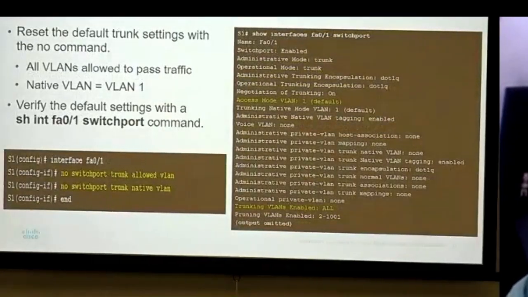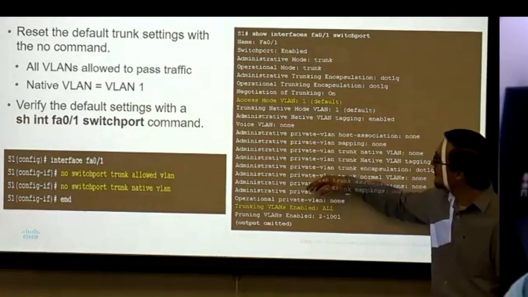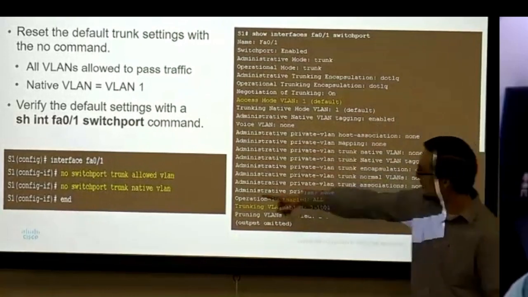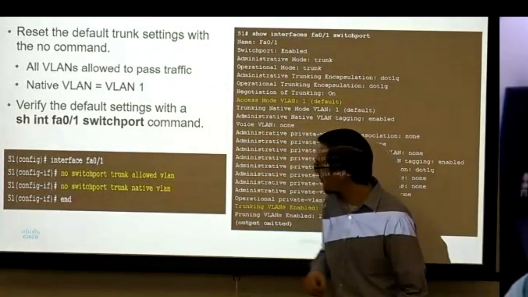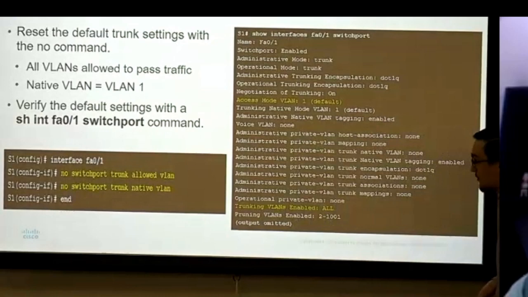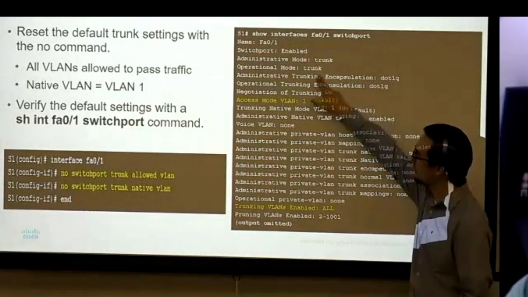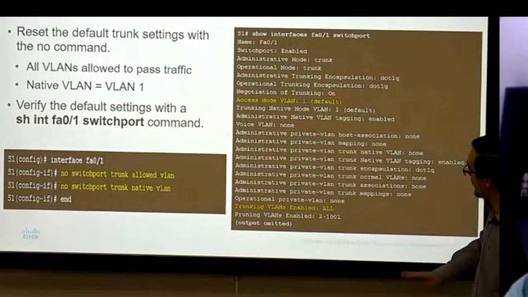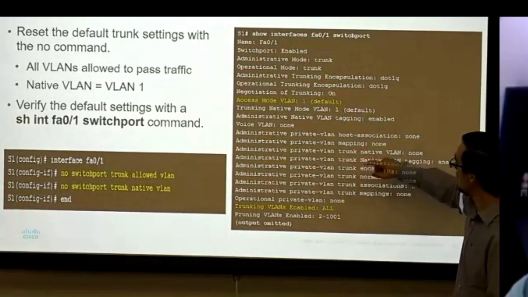Okay, reset the trunk to defaults. Reset the default trunk settings with the no command. So where did they do that? Oh, they don't, right. No switchport trunk allowed VLAN. So it's still going to be in trunk mode, but you're erasing the allowed VLAN list.